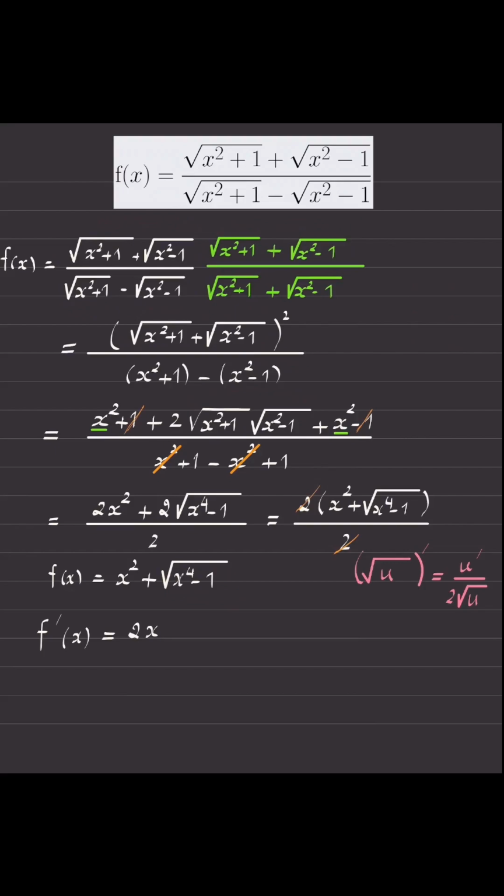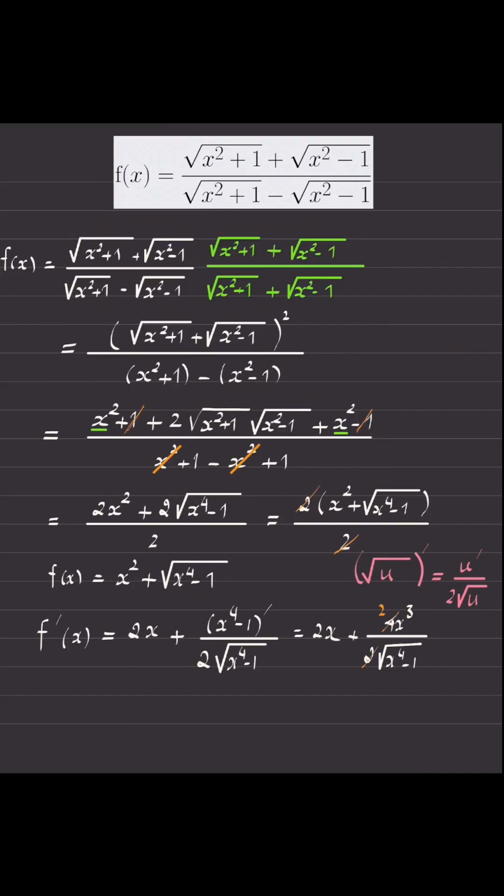Yes, so I will use that by giving the role of u to this expression. It becomes square root of u. So now the answer becomes plus u prime, which is this expression, divided by 2 times square root of u. Yes, but this can be simplified. The derivative of x to power 4 is 4x cubed, divided by 2 square root of x to the power of 4 minus 1, and then this 2 and that 4 are simplified, so 2 is left here.